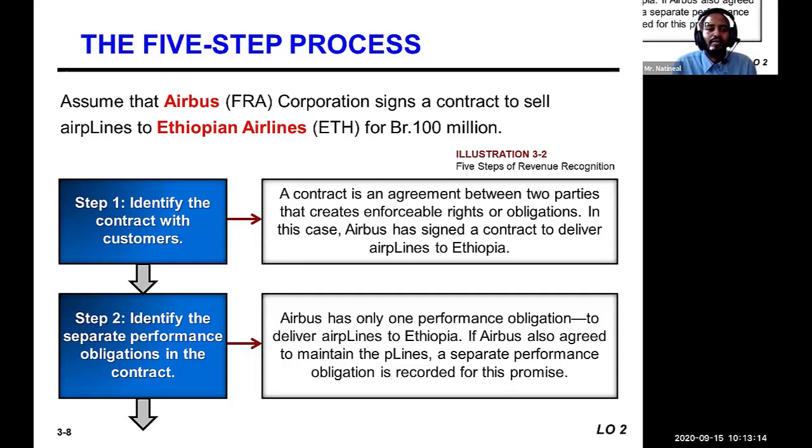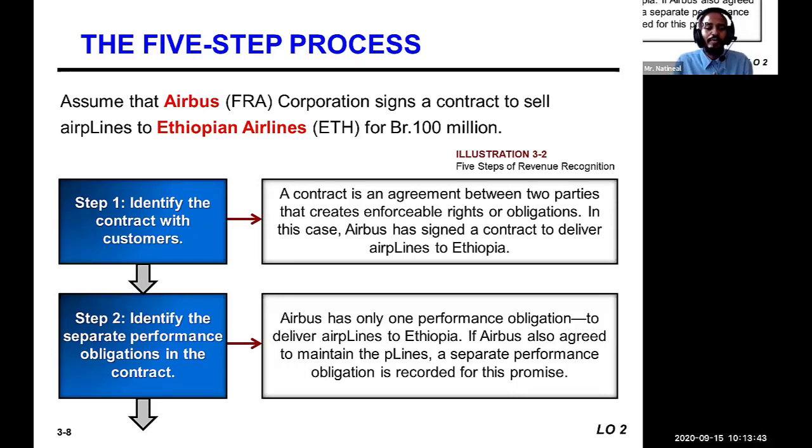The contract is to deliver airplanes to Ethiopia. So in the second step, Airbus has only one separate performance obligation: to deliver airplanes to Ethiopia.